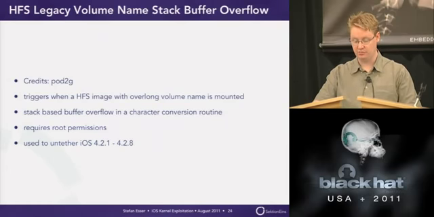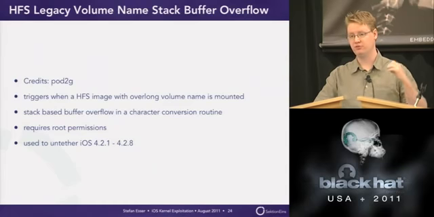The exploit itself, or the bug, was found by pod2g, who is one of the Chronic Dev Team. What it is basically is the support for the old HFS format. When you load an HFS image and it's malicious, then it will trigger a stack-based buffer overflow inside a conversion routine that converts from Mac Roman to Unicode.